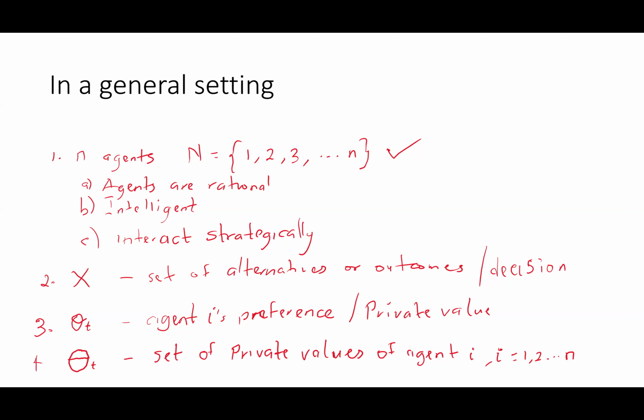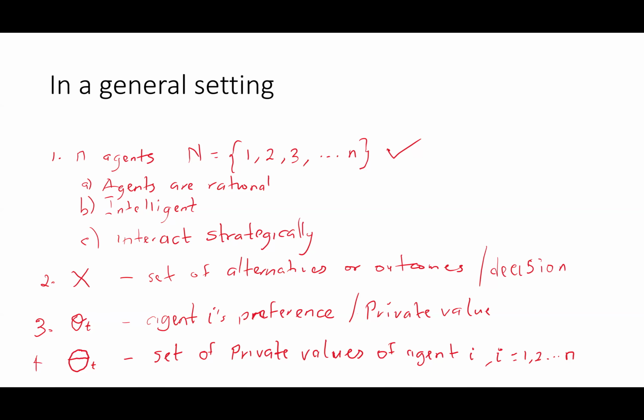Then we are also saying that each agent has his or her own preference. At the end of the day, these preferences are private to the agents. So they would not tell you what they really prefer. They will not tell you what they are thinking. They wouldn't tell you specifically what they hope for in the results, but they have it.